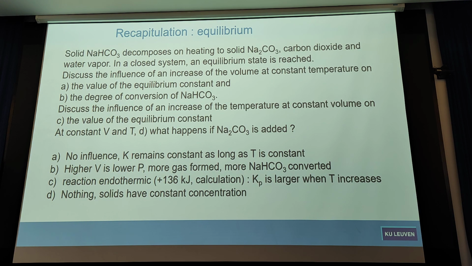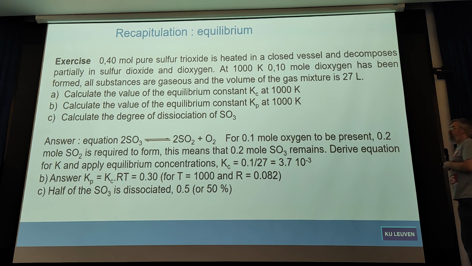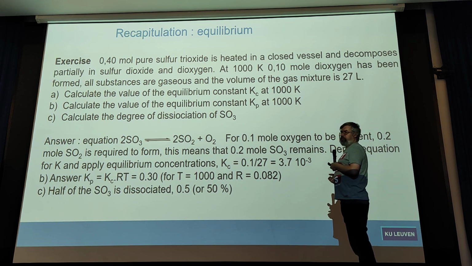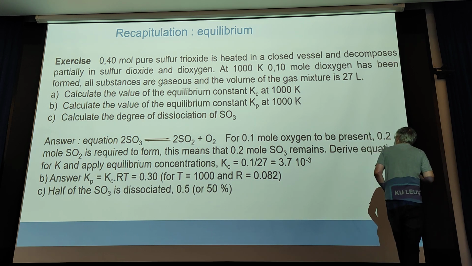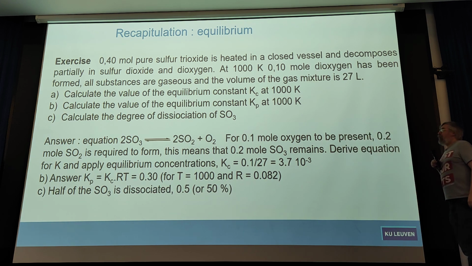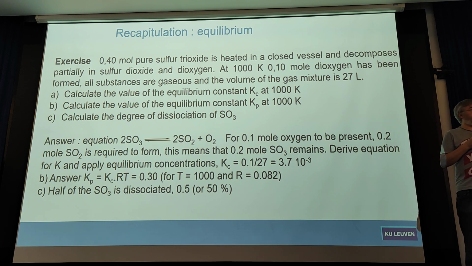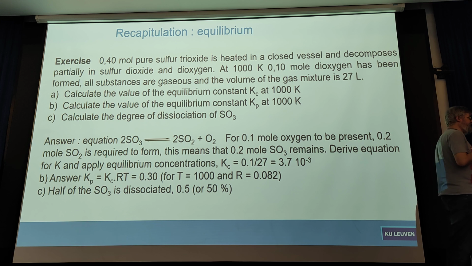So we get 0.30 after multiplying with 1000 and 0.082. Now, the degree of dissociation, the arithmetic dissociation, is in fact 0.5. It's very simple. Half of the SO3 has been converted. So you could also express it in percentage, then it's 50%. 50-50.